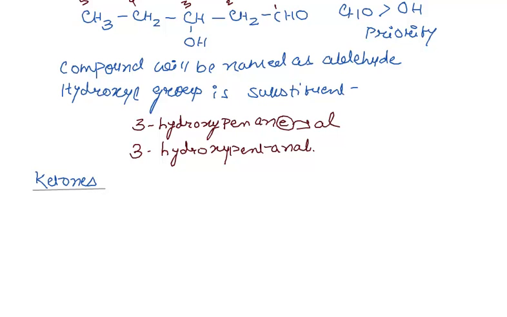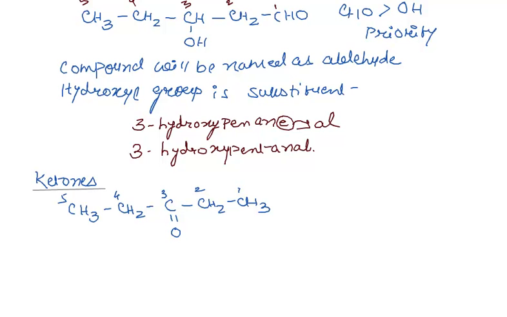So ketones, the functional group is C double bond O. Now if I write the chain like this, how many carbon atoms are there? Let's count. 1, 2, 3, 4 and 5. Right? Now in this case, students, you have to give a specific number at which your ketone group is present.